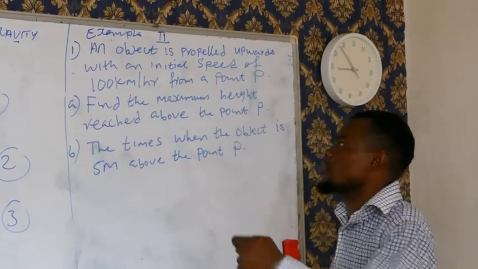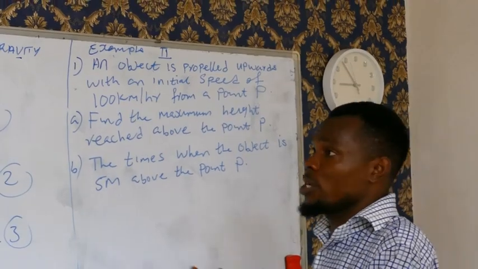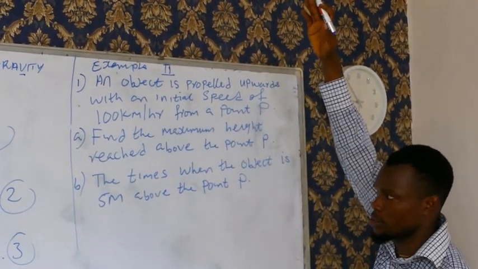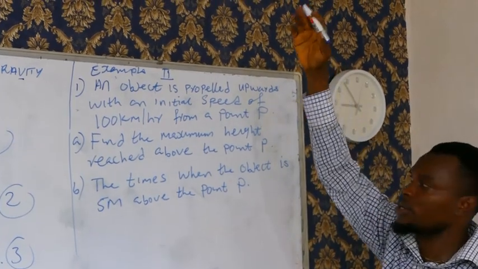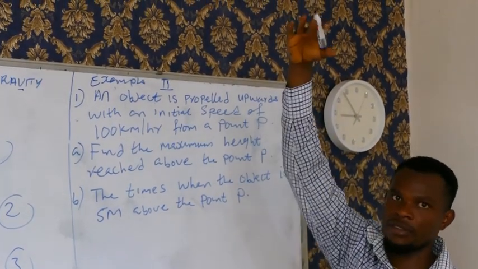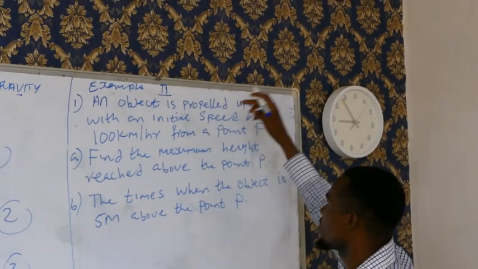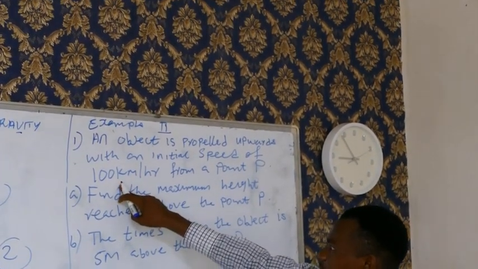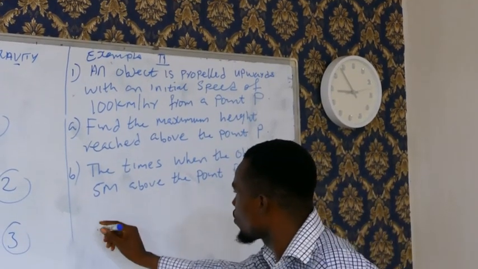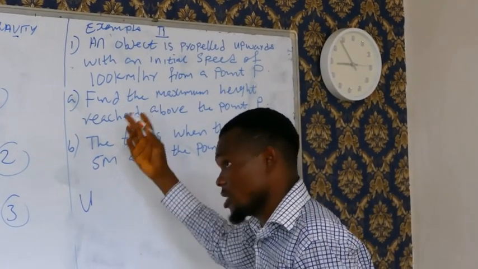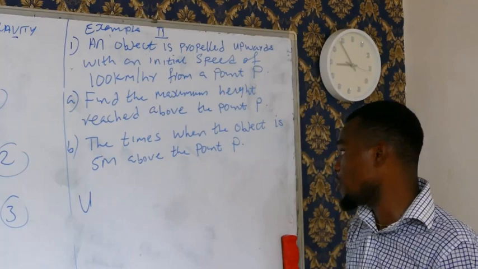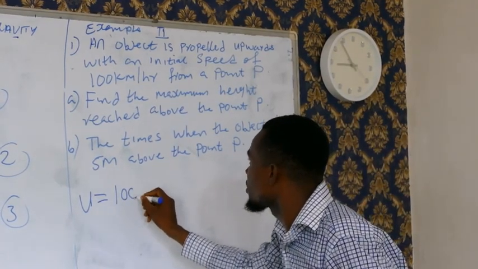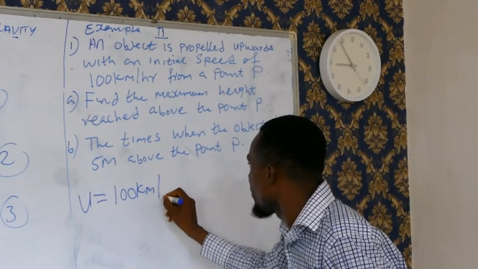This time it's not like example 1, when the object was falling from a height. In this case, it is propelled upward. So what does it tell you? It is going against gravity. It's propelled upward with an initial speed of this. So its initial speed, which you can actually say is initial velocity, is given to be 100 km per hour.